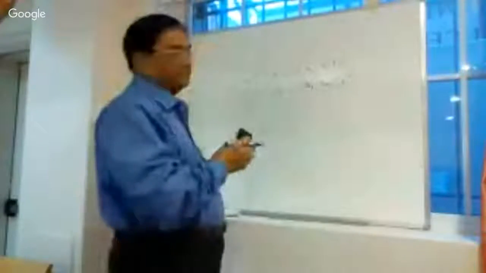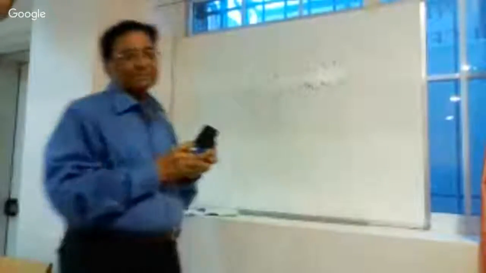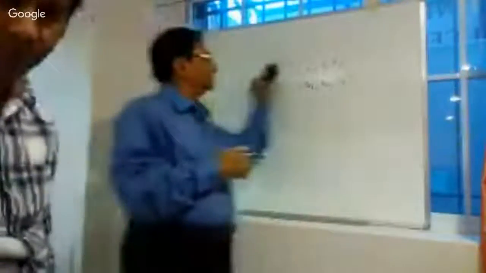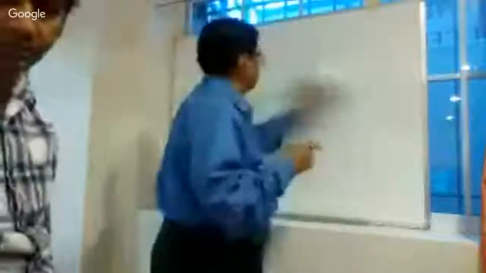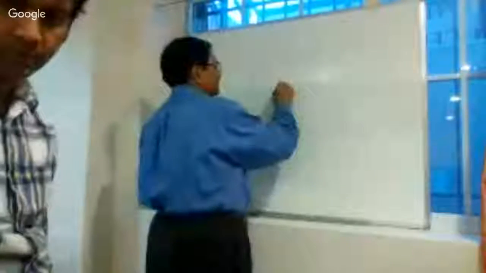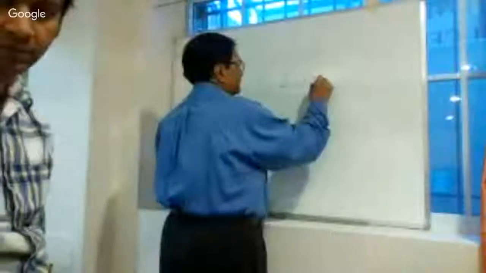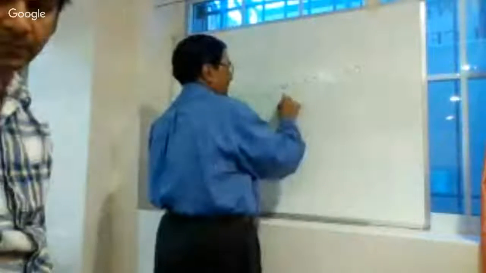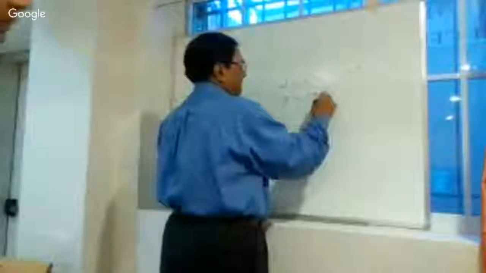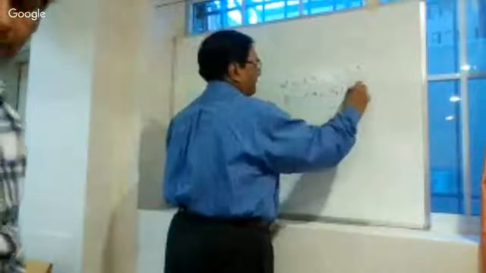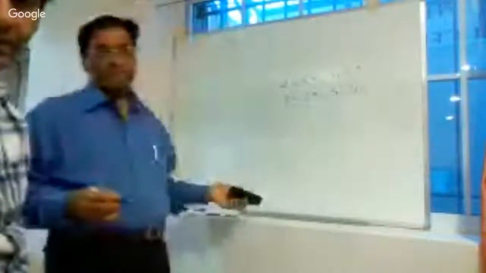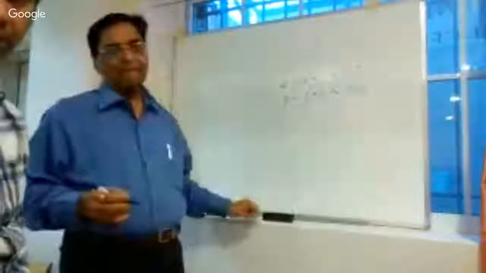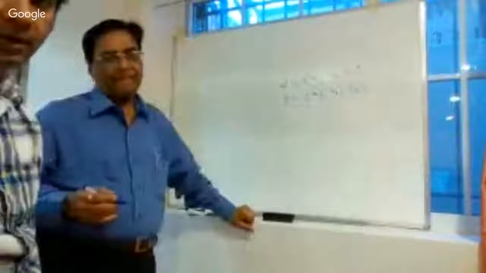Let me do something. It's okay. You can just drop off and join in again, and then we'll finish it soon. Is it any better? No, it's not. It's the same problem.